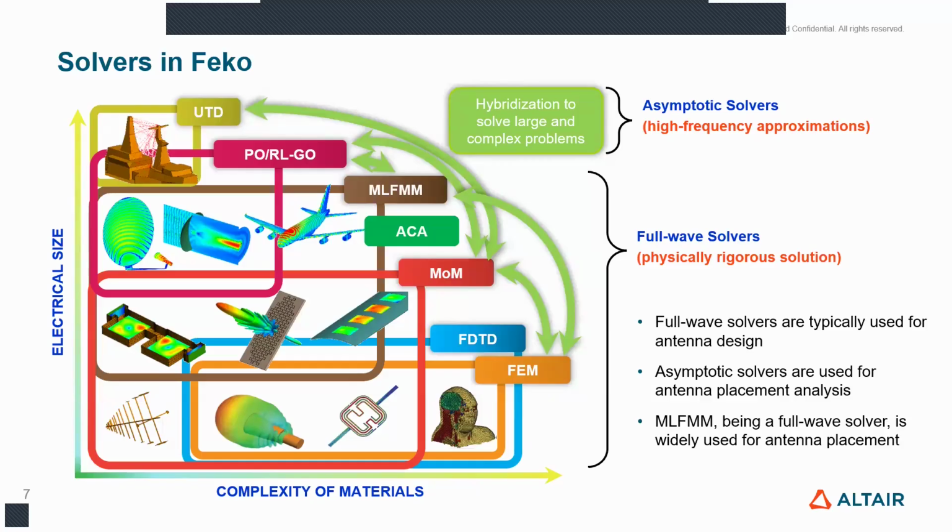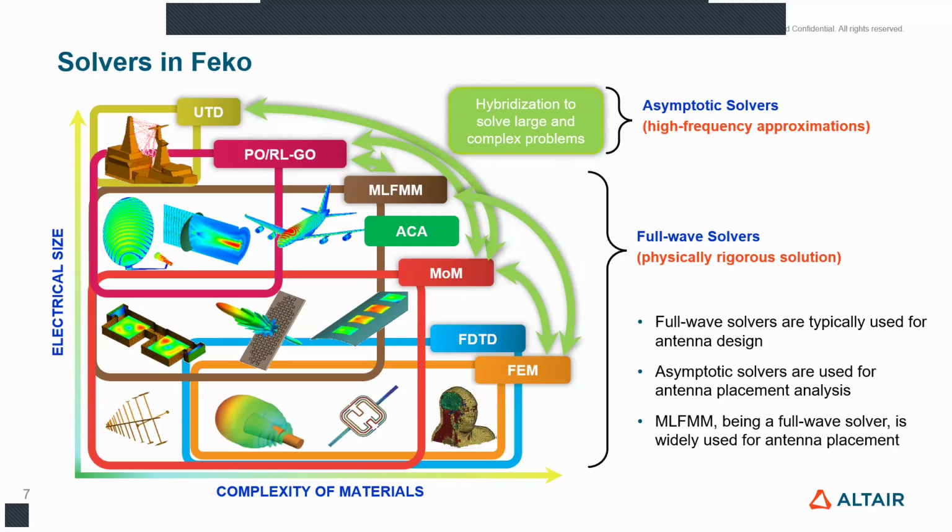So if you look at so many different solvers, typically the question that we get most often is, okay, what are the solvers that are used for antenna design, as well as what are the different solvers that are used for antenna placement analysis or the in situ analysis. Okay? Of these solvers, the bottom ones, those are full wave solvers, meaning there are no approximations involved.